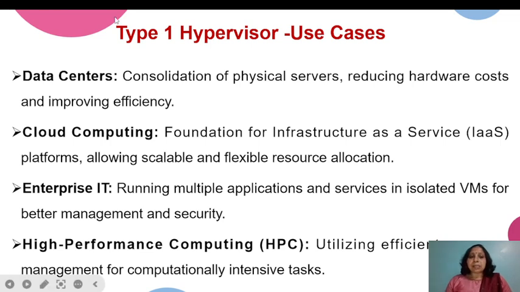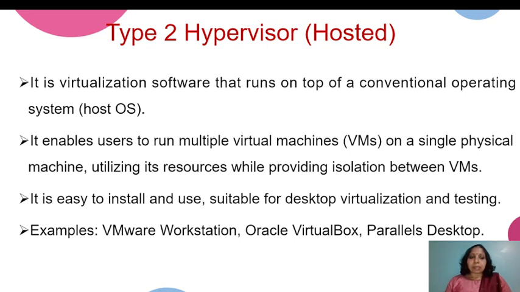Some of the places that you find Type 1 hypervisor being used are in data centers, cloud computing, enterprise IT, as well as high performance computing, where you have really complex, computationally intensive tasks. Moving on, the next type of hypervisor is type 2, or we also call it a hosted hypervisor.